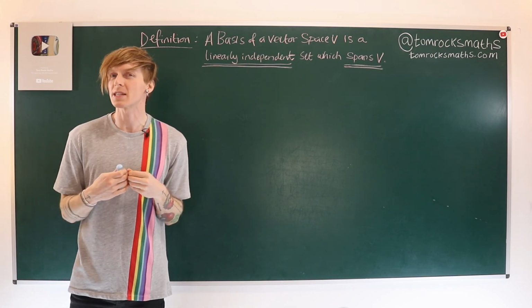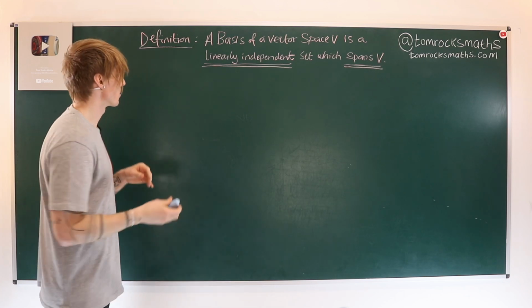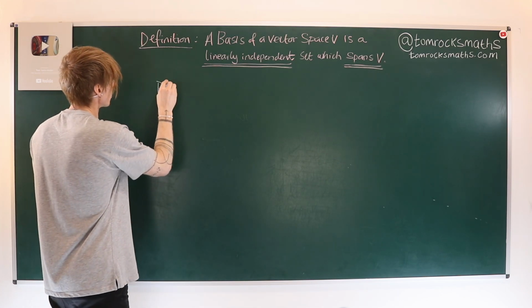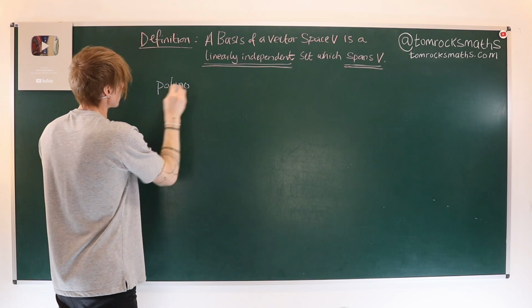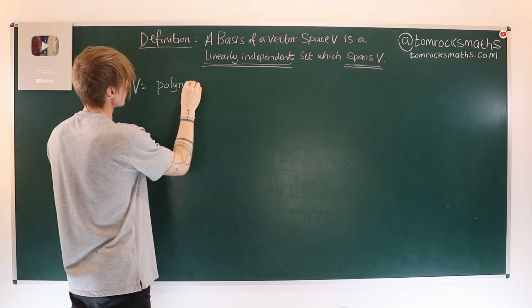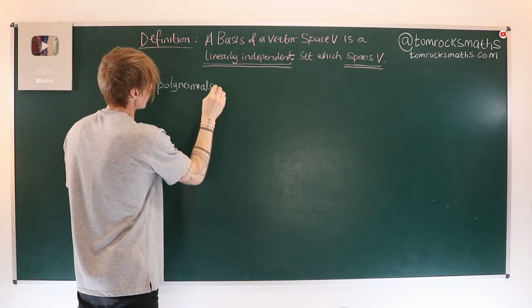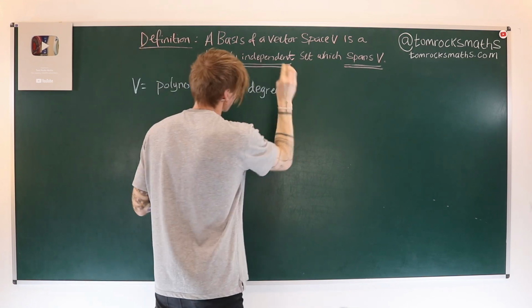So we've already seen one example when we were talking about polynomials. So this is our vector space V, polynomials up to degree n.